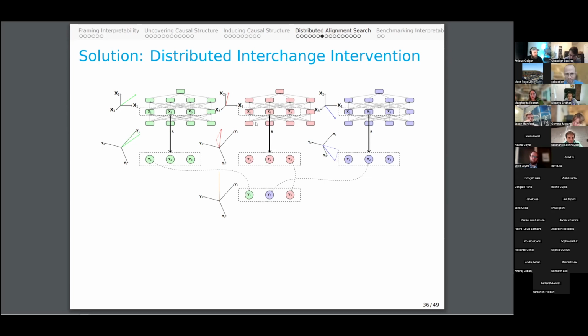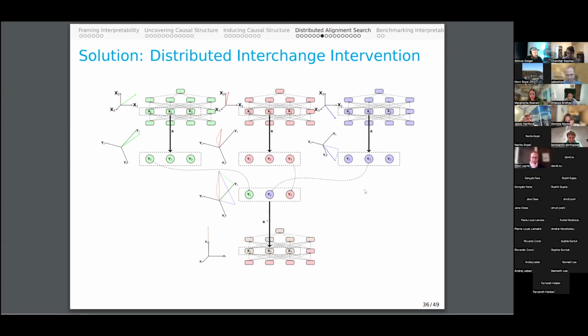So on the run with the red inputs, we replace the first dimension of this new rotated coordinate system with the value it is for the green run. And then we replace the second dimension in this new rotated coordinate system with the value for the blue run. Then we get this new brown vector, which consists of the green y1 dimension, the blue y2 dimension, and the red y3 dimension.